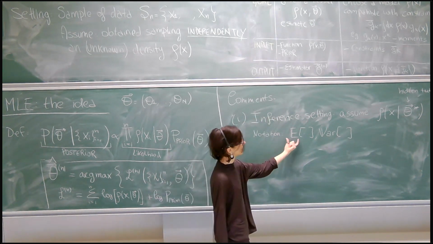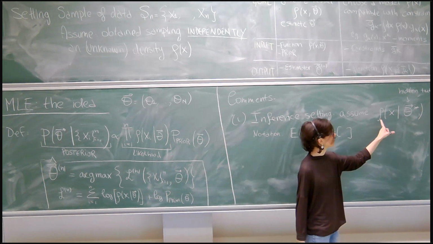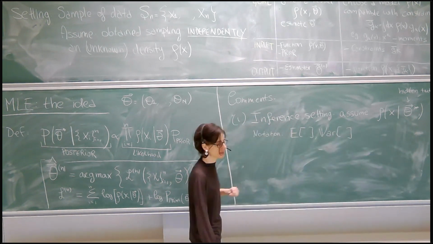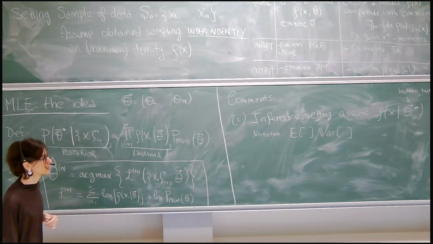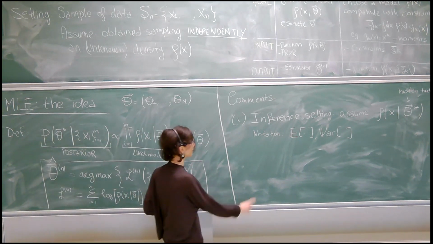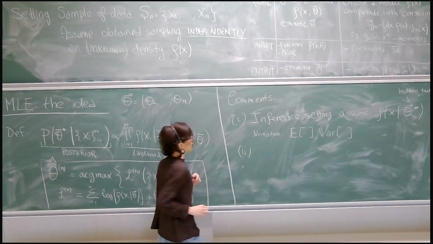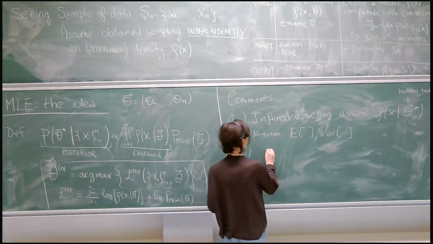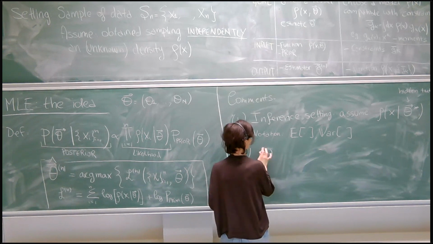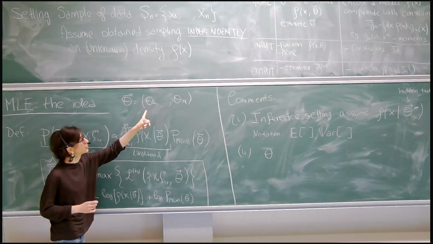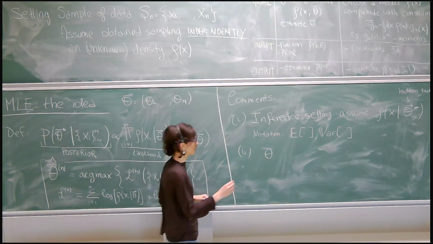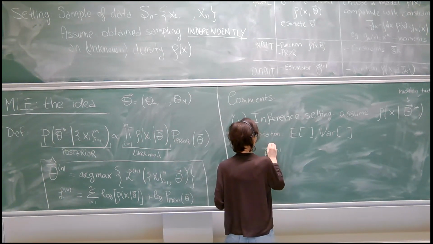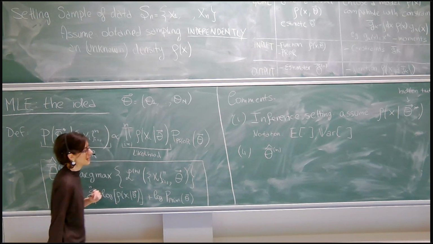So this is the average computed with respect to the rho, where instead of theta, I put the true value of the parameters, which is of course what we want to estimate. So as I said, from data we get some possible estimate for this set of parameters. Now let me assume, just for the notation, that we have one single parameter, so I don't have to use vectorial notation. So our maximum likelihood estimator will be some number.